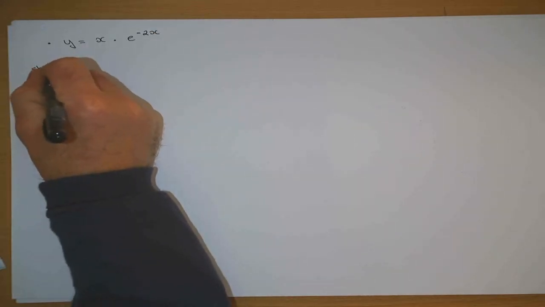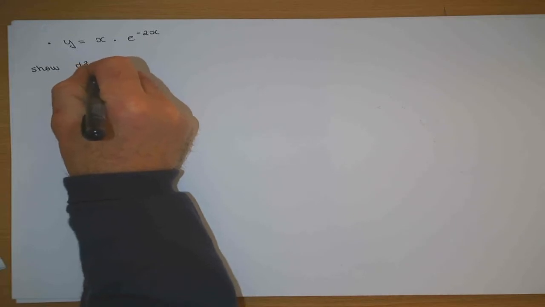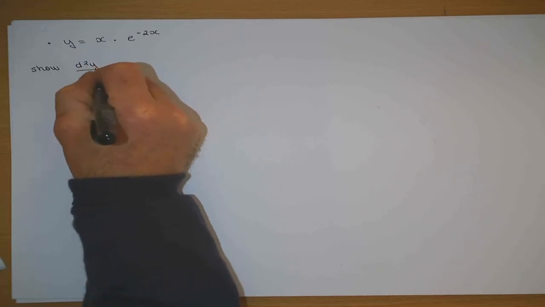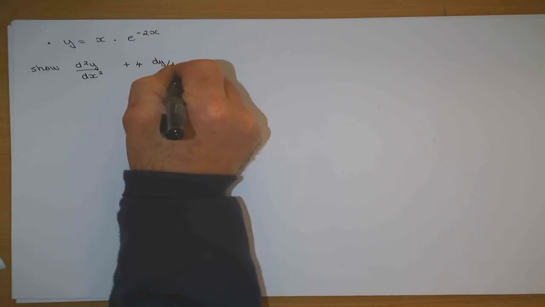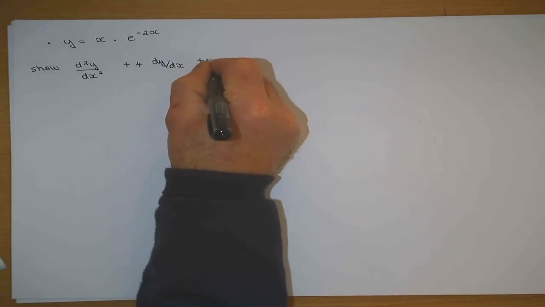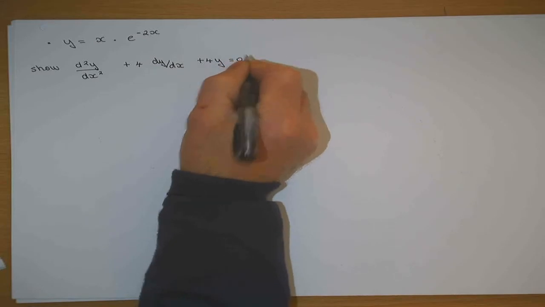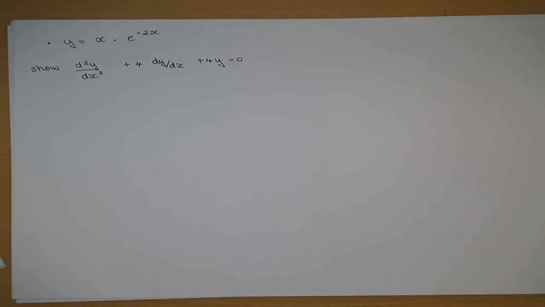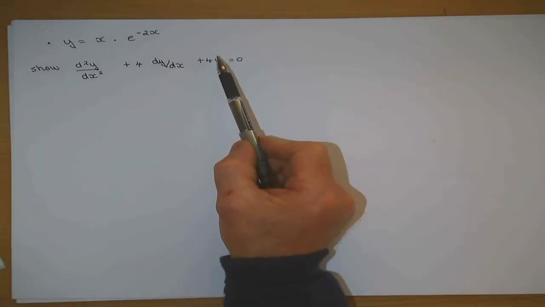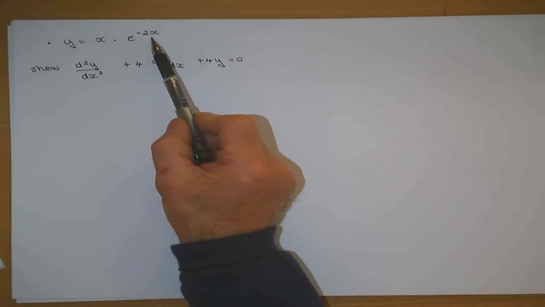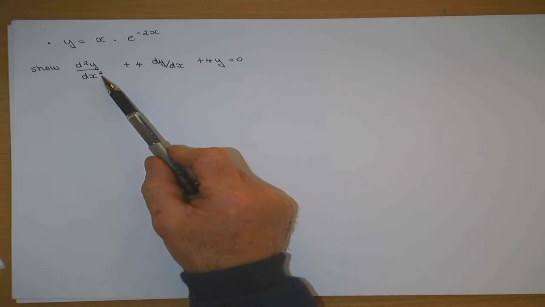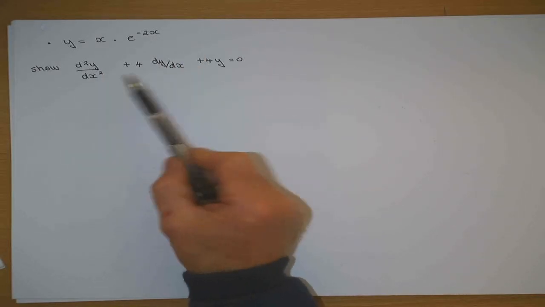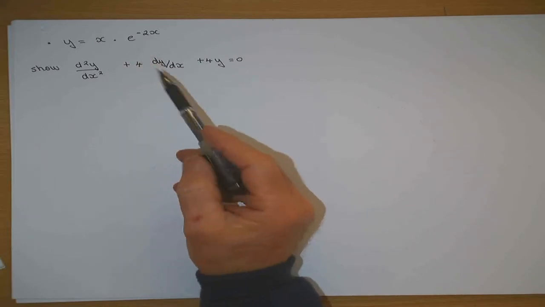And then you are asked to show that d2y dx squared plus 4 times dy/dx plus 4 times y is 0. And to solve that equation, you know what y is, yes? The y is x times e to the minus 2x. You don't know dy/dx, and you don't know d2y dx squared. So you must calculate both of them and sub it in.